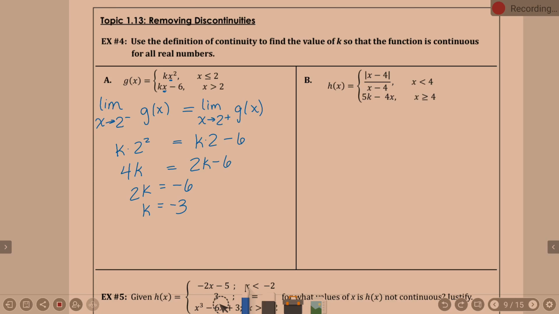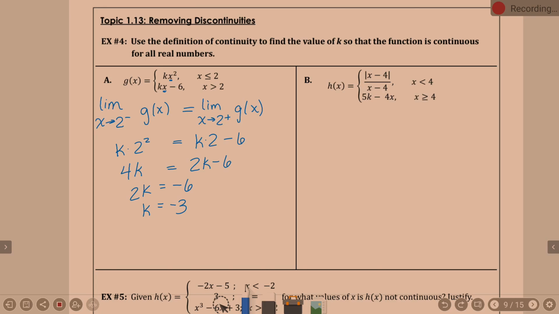Okay. Now, with that in mind, we need the limit from the left and the limit from the right to equal. Does that happen now? If we put negative 3 into 4k, 4 times negative 3 is negative 12. If we put negative 3 in here on the right, 2k minus 6, 2 times negative 3 minus 6 is negative 12.